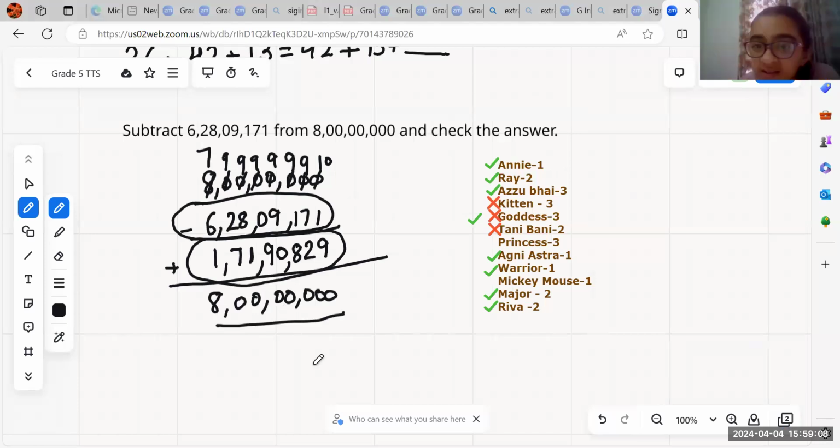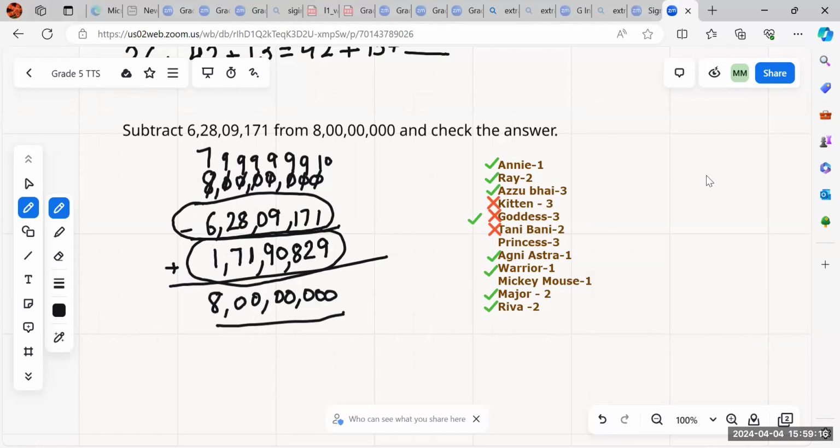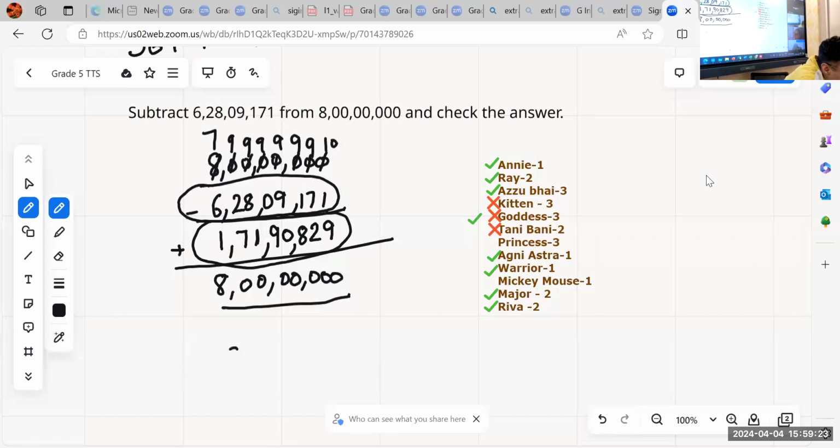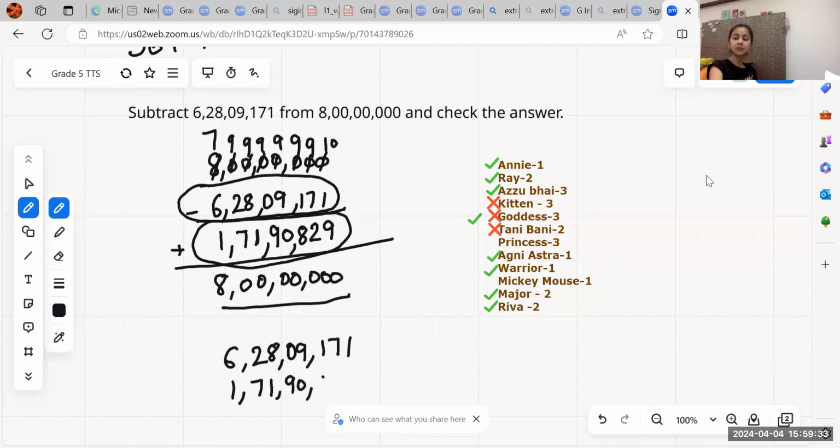Sir, I accidentally sent the wrong answer. How will we show it in school? In school, you will write it separately, not add in the same place. You will write it separately like this, then add. And for that we have to write check also.